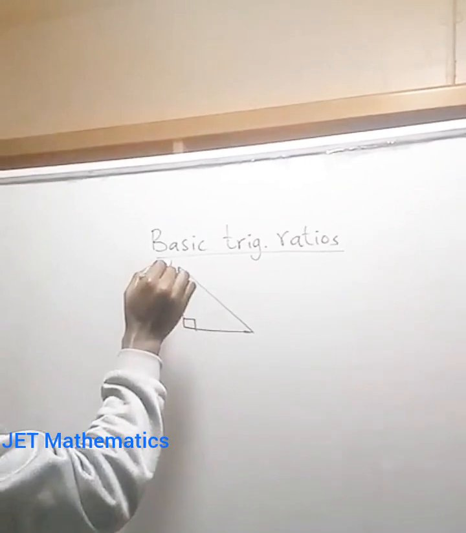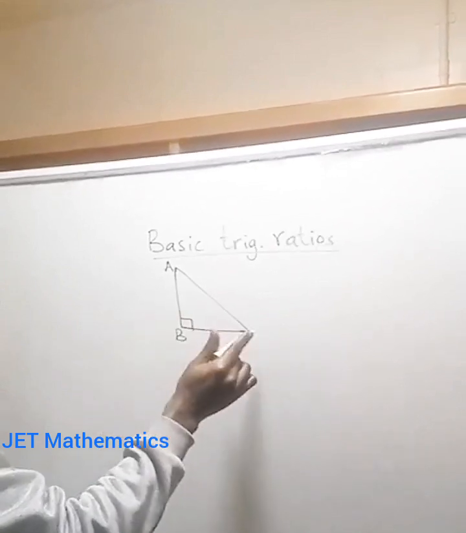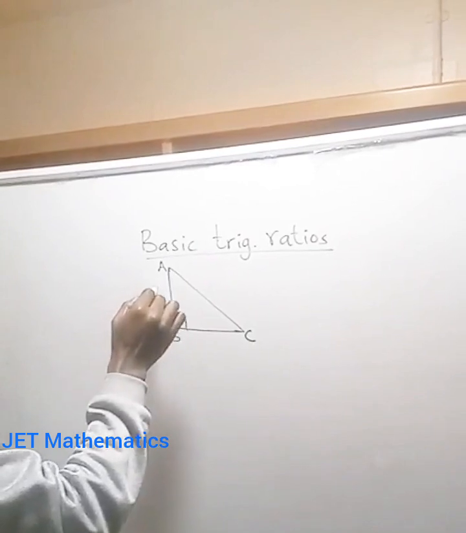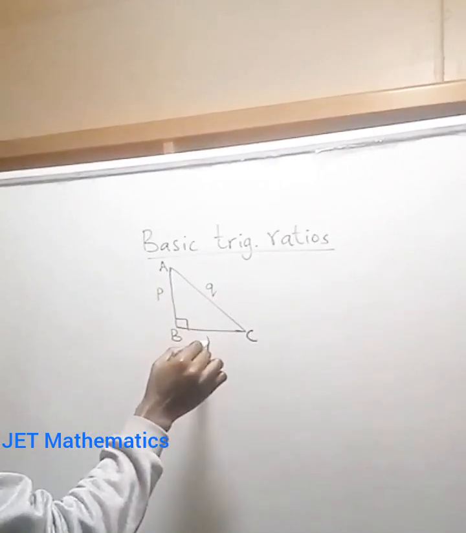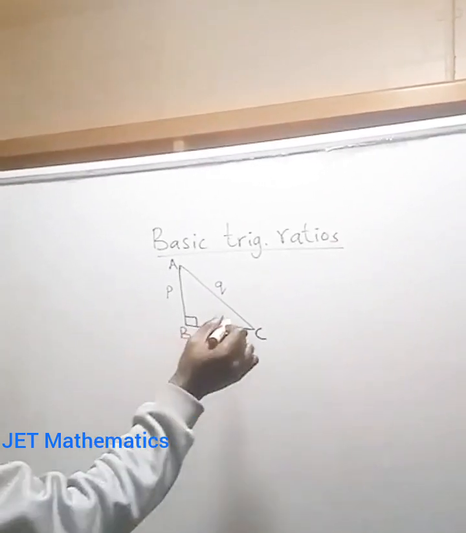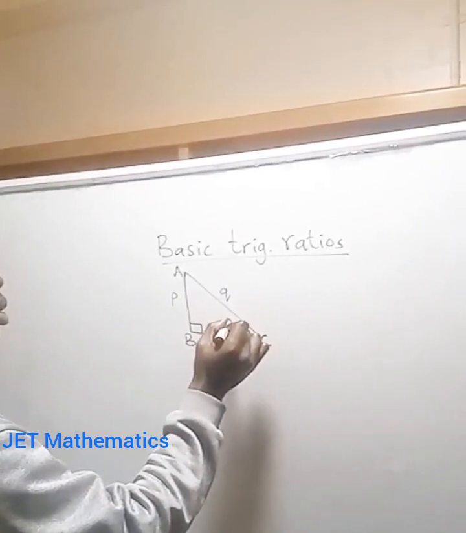So let's label it A, B, C. Let's also call it P, Q, and R. Alright. Now let's consider an angle. Let's call here theta.